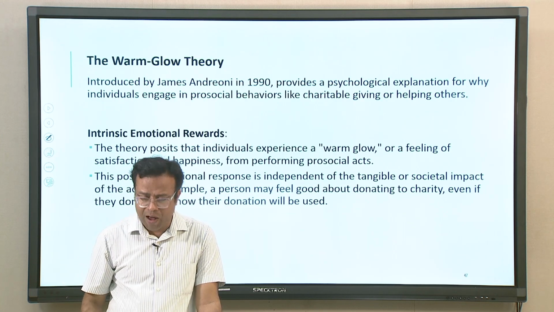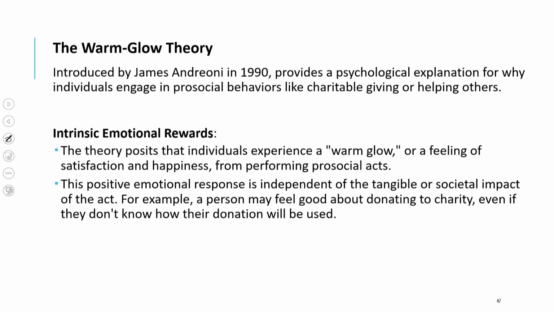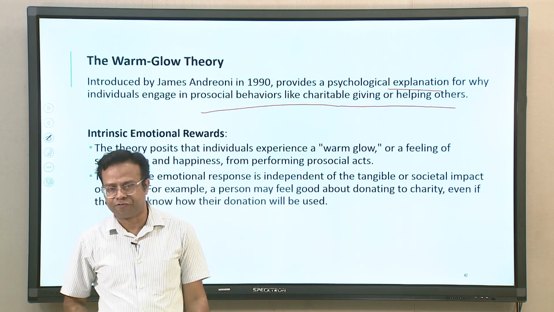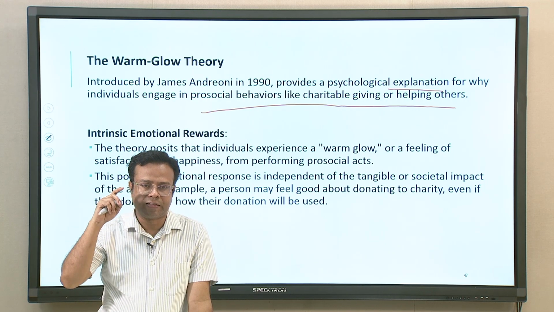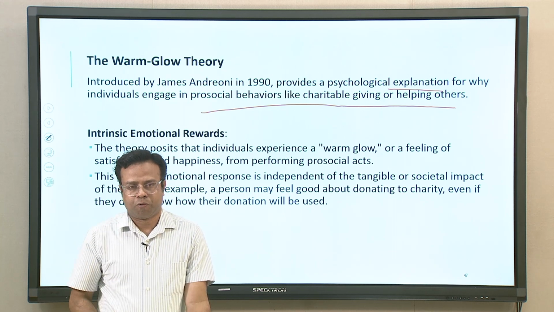Let us look into how these two theories contribute to our understanding of how prosocial behavior leads to well-being. Warm glow theory was proposed by James Andreoni in 1990, which provides a psychological explanation for why individuals engage in prosocial behavior like charitable giving or helping others, and why it leads to positive impact. This theory talks about an intrinsic emotional reward for prosocial behavior.